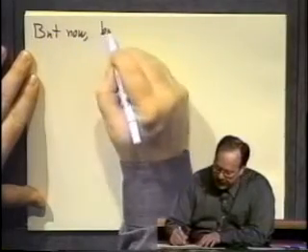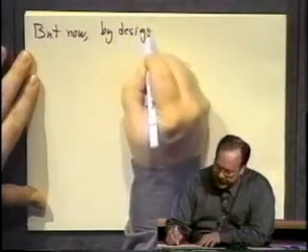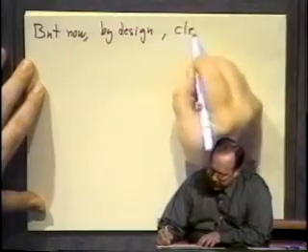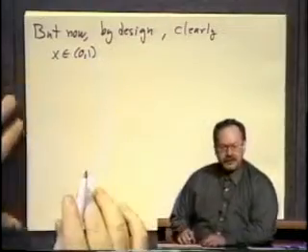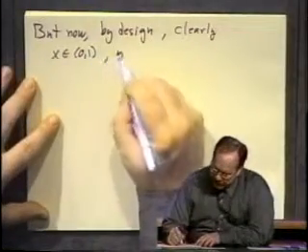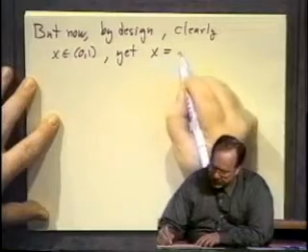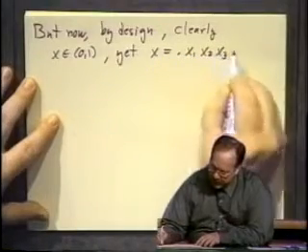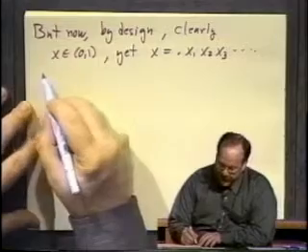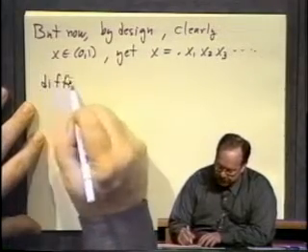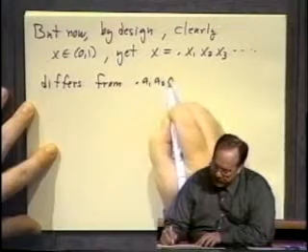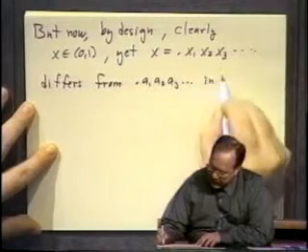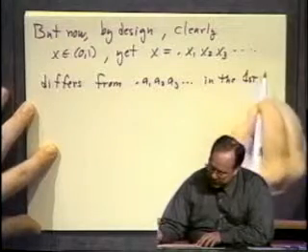But now, by the design or the construction, clearly we have that x is in the interval 0, 1. It's a decimal. And yet, x, which is point x1, x2, x3, etc., and I'll write this out this way, differs from the first one, point A1, A2, A3 out to infinity in the first decimal.